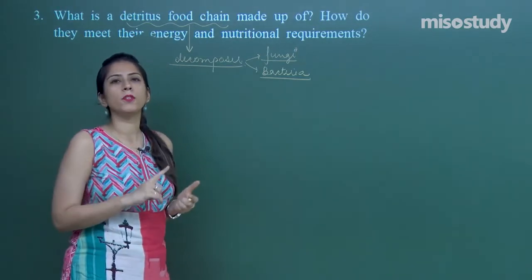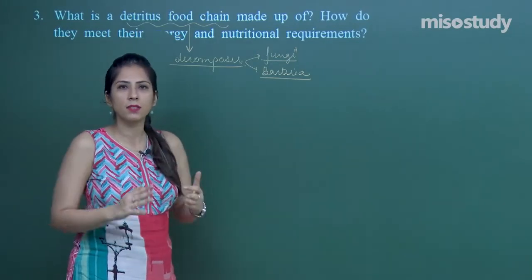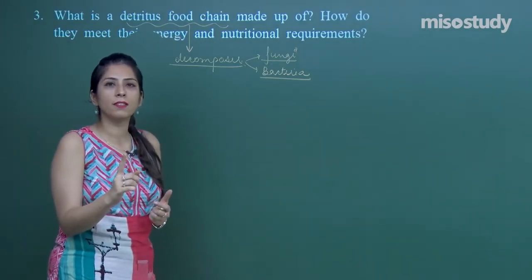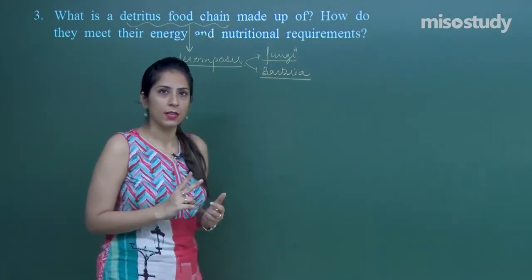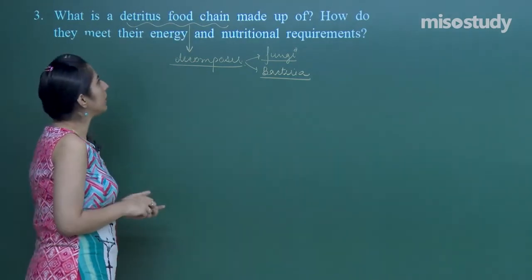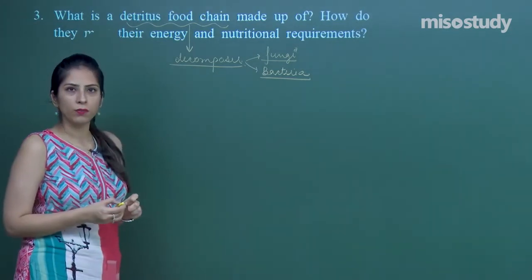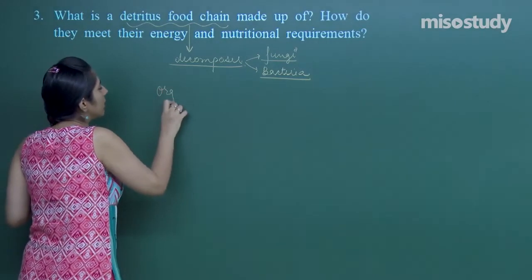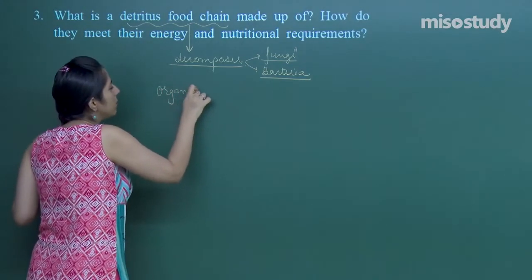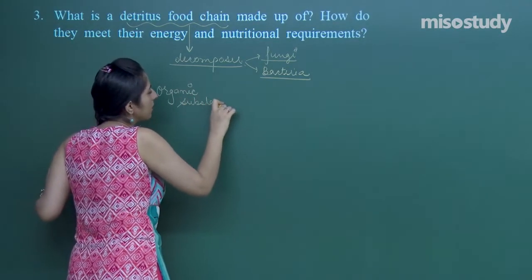If they are decomposed by decomposers, definitely there will be release of inorganic substances, and those inorganic substances can be carbohydrates or any nutrients, right. So that is called decomposition, and this is how they obtain their energy. So if you have to write this question, you can write organic substances. Now hope you can write by yourself. What are these organic substances?